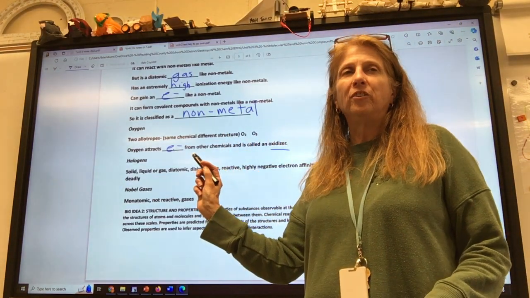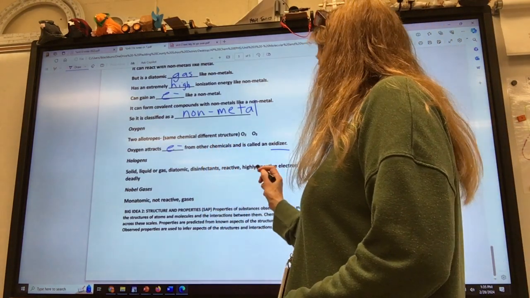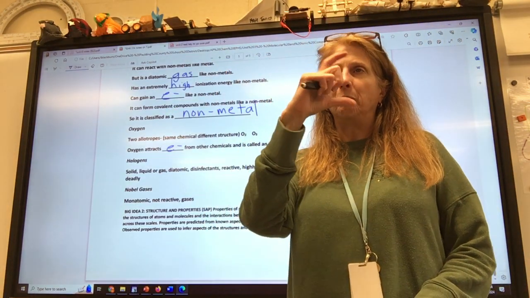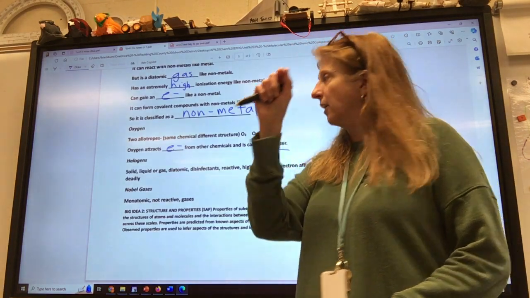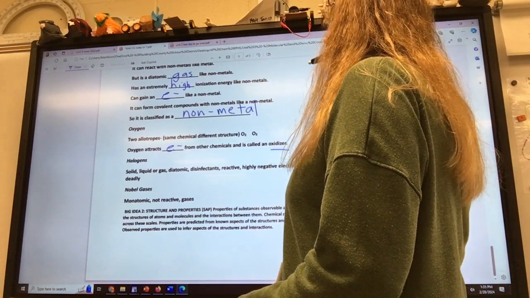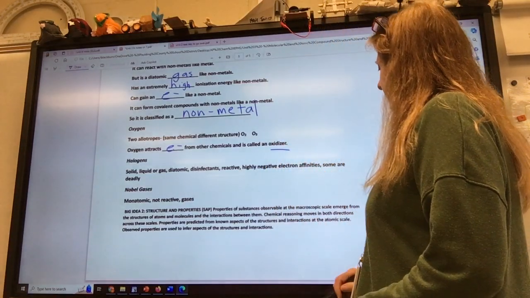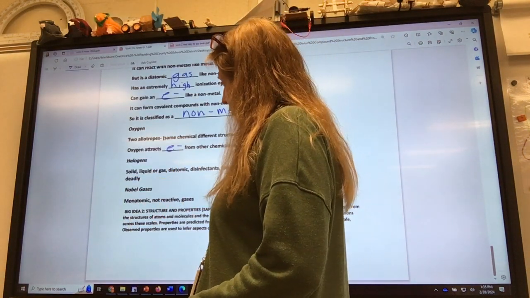Well, as chemists we joke, halogens find a way. They get out of anything you put them in. Even those little blocks I showed y'all that had the chemicals in it, the halogen was getting out. The iodine was. They have highly negative electron affinities. Some are deadly. I think all of them can be deadly if there's too much.